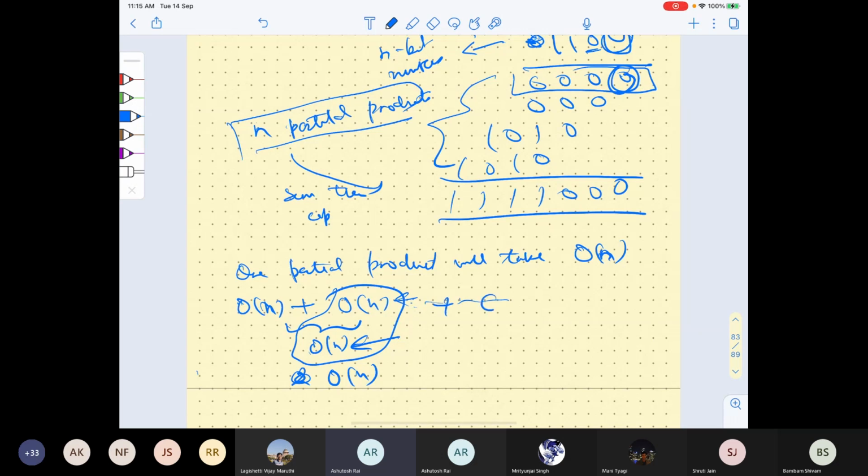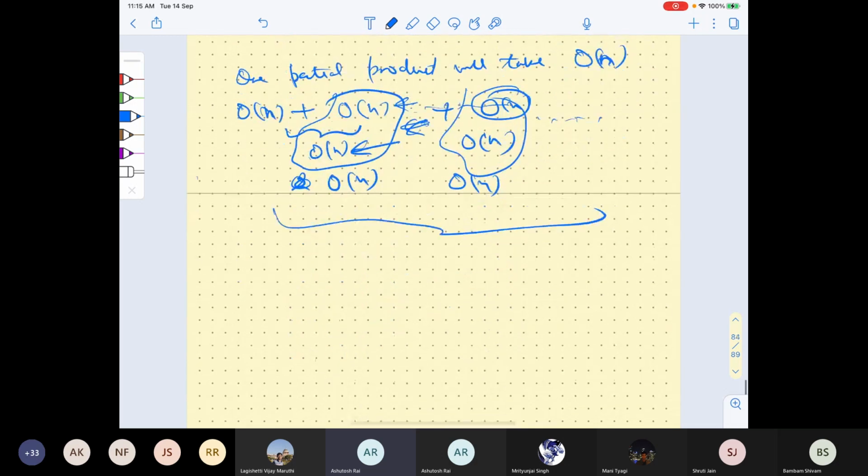Then you calculate the next one, order n time, and sum it up. There are n partial products, so this whole thing you do n times. So in total you get order n square time.